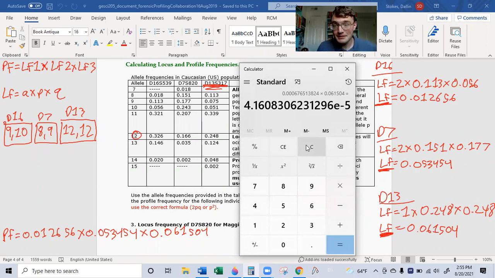There's my profile frequency. Now notice, if you know anything about math here, this is a really, really, really small number.